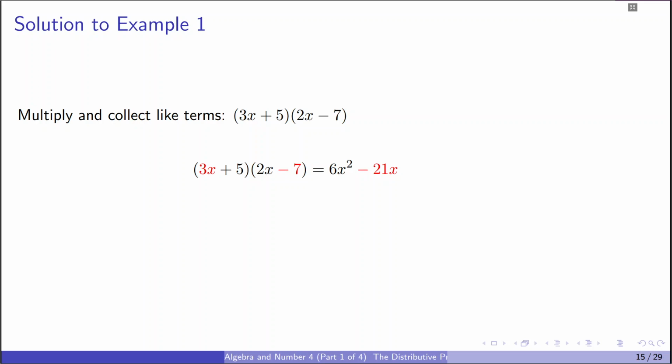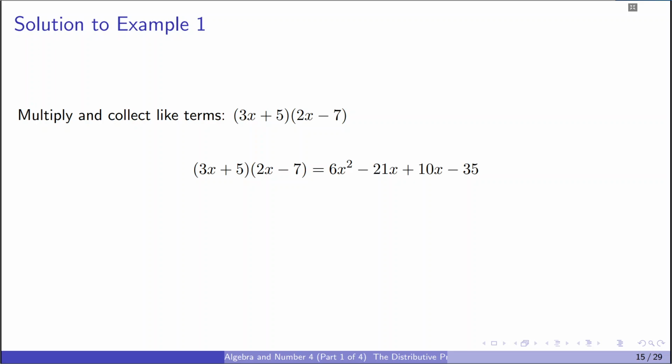So these become negative 21x. Now, our inside terms, positive 5 times 2x, 5 times 2 is 10. This gives us 10x. Our last terms in each bracket, plus 5 times negative 7, positive 5 times negative 7 is a negative 35. 2 terms times 2 terms gives us 4 terms.